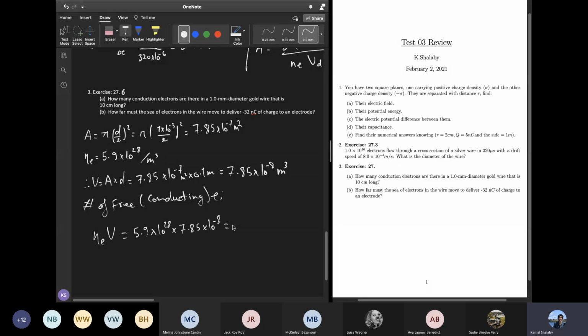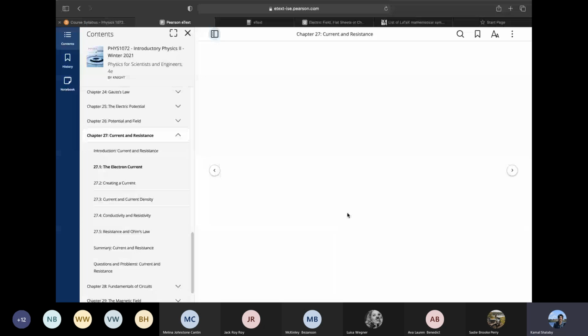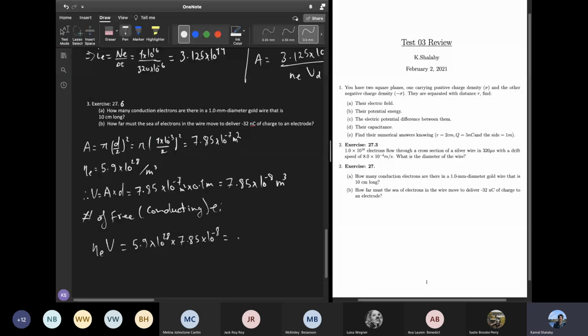Was it 28 or 29? Yeah, still 28. So we would have 4.63 times 10 to the power of 21 free electrons just running around in this wire, which is a huge number.